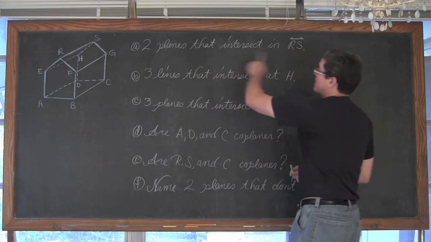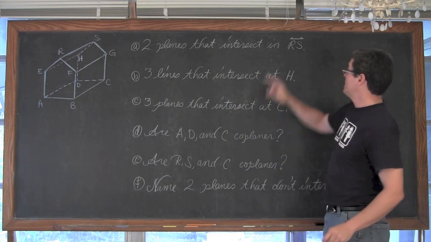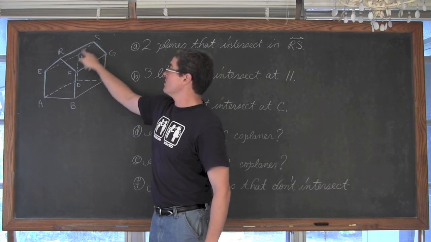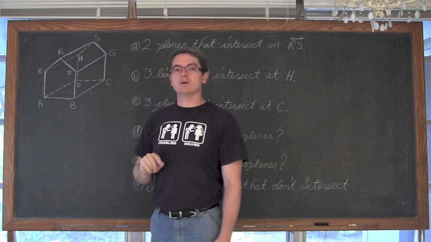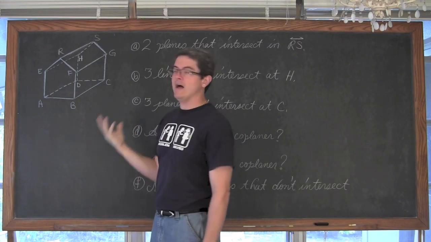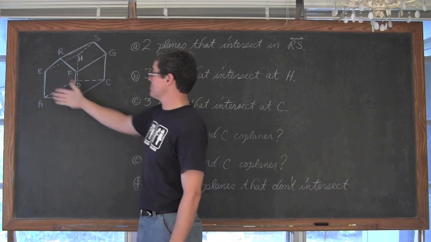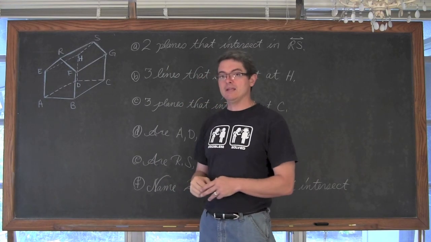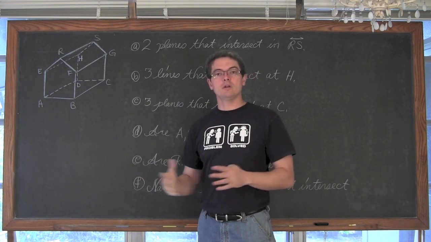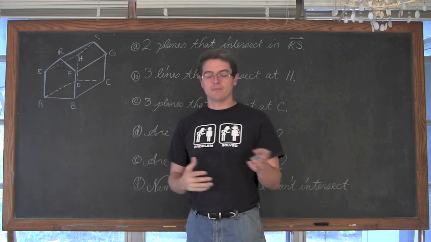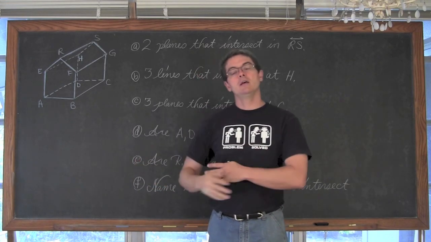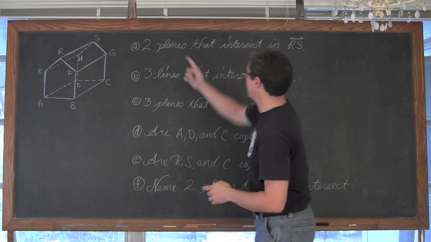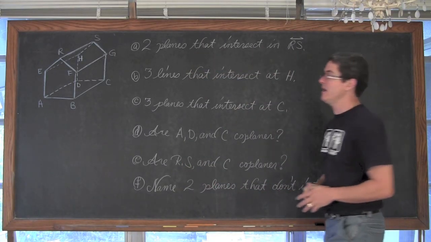We want two planes that intersect in line RS. Now RS is this line here that is at the top of our sort of house, if you will. And all these are an intersection of a lot of planes. So what two planes that extend in all directions forever intersect to form that line RS?